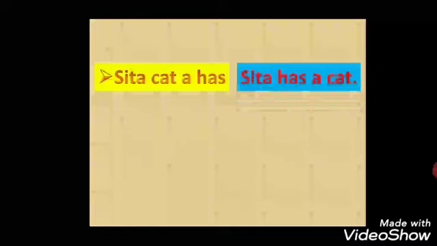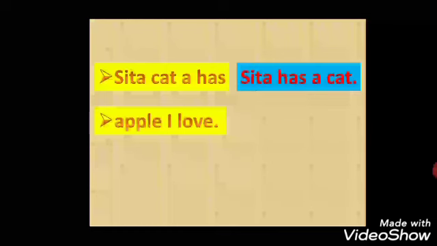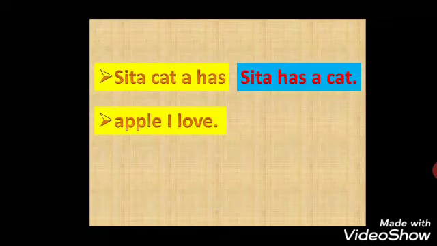Let us see another example. Apple I love. What do these words put together tell us, children? Can you understand it? No, it is a wrong sentence. We cannot get any meaning from these words put together.